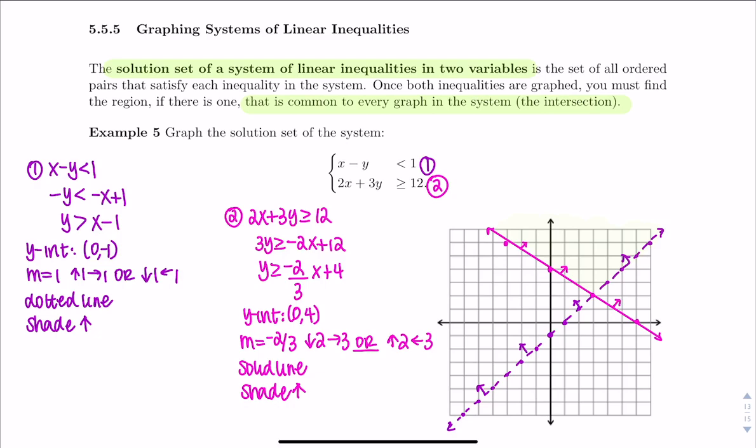And so we want to see where my arrows are all pointing. And so this top triangle, where they're both pointing into, is my solution. So go ahead and pause the video and try example number 6 on your own.